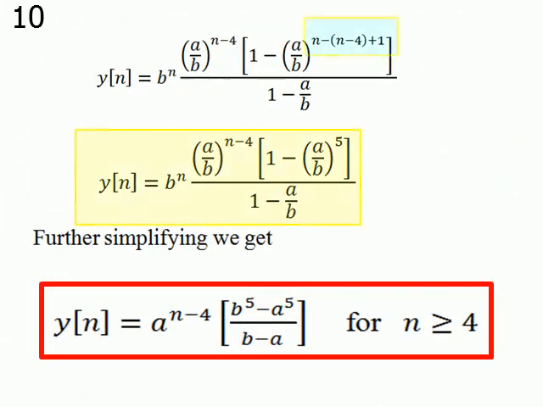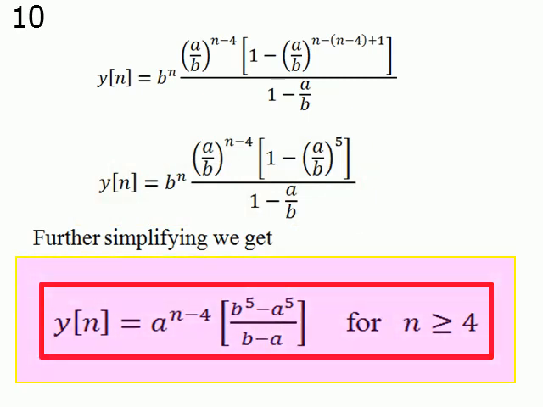So here n and n get cancelled, hence we get y of n is equal to b raised to n into a by b whole raised to n minus 4 into 1 minus a by b raised to 5 whole divided by 1 minus a by b. Further simplifying, we get y of n as equal to a raised to n minus 4 into b raised to 5 minus a raised to 5 divided by b minus a for n greater than 4.